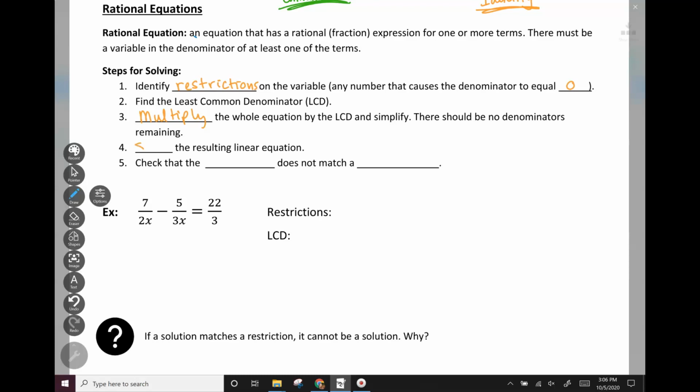Then you can just solve the resulting linear equation. And the last step, check that your solution does not match a restriction.